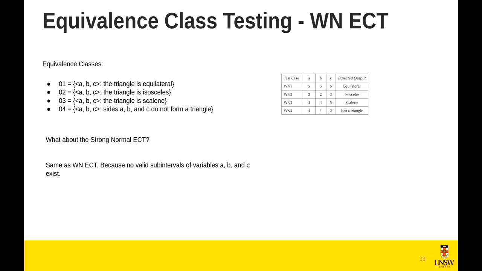But here we don't have any subintervals. We only have four equivalence classes, and they are independent of each other, so we don't have to combine them together. So for strong normal equivalence class testing, the test cases should be the same as this one here.